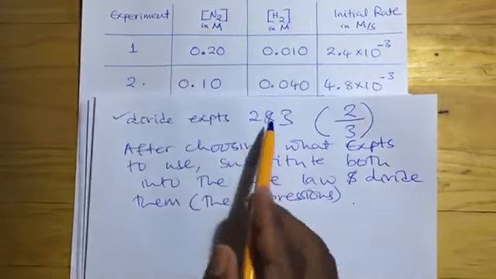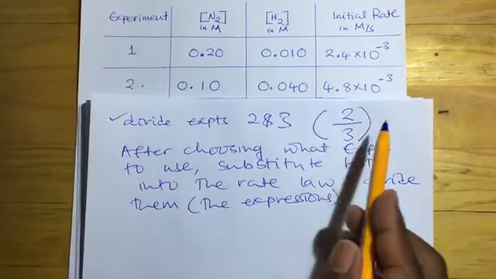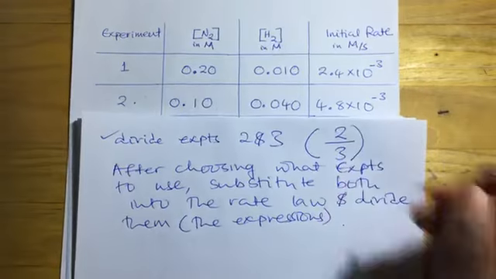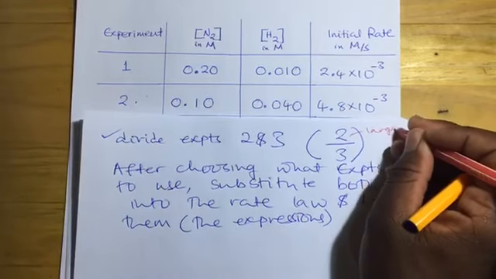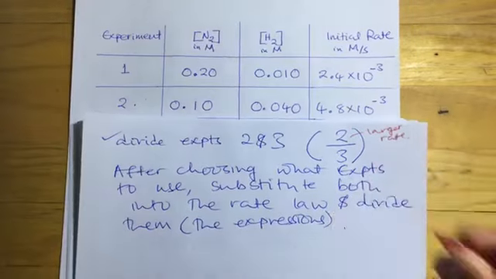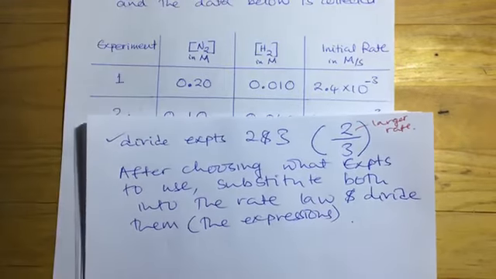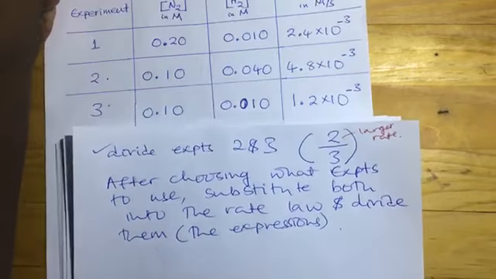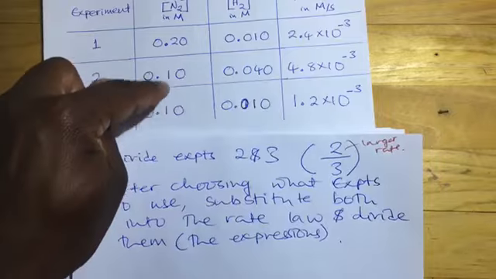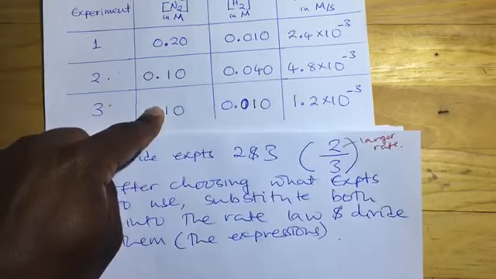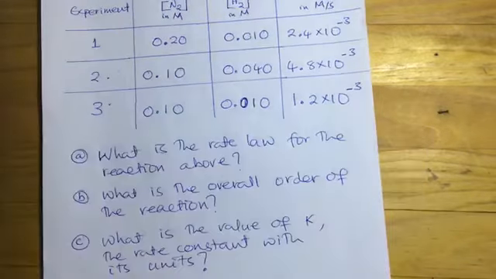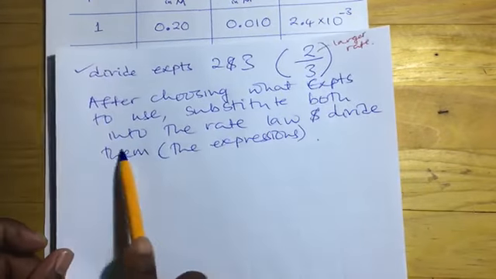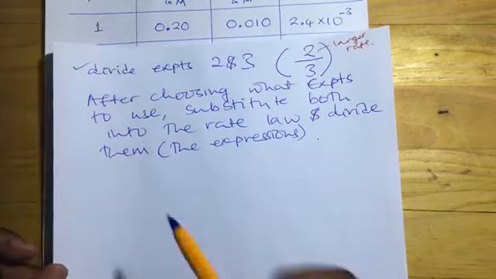So we're going to divide 2 and 3. 2 is going to be the numerator because it has the larger rate. 3 is going to be the denominator because it has the smaller rate. Why did we choose 2 and 3? Because at least they have one concentration being the same. Next. So after choosing what experiments to use, substitute both into the rate law and divide them.